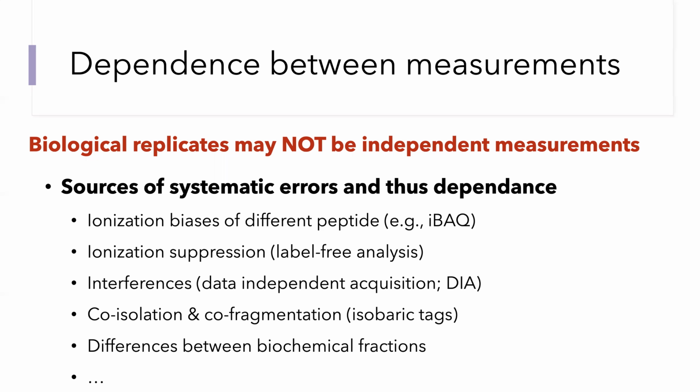And below here, I have summarized a few examples of such systematic errors, which include, for example, ionization biases of different peptides.